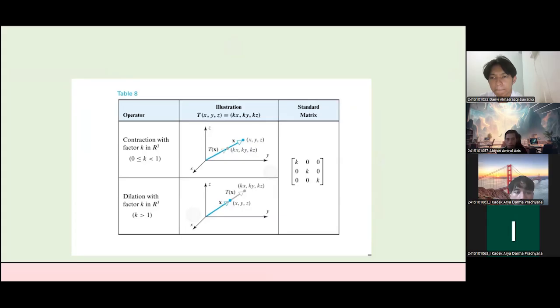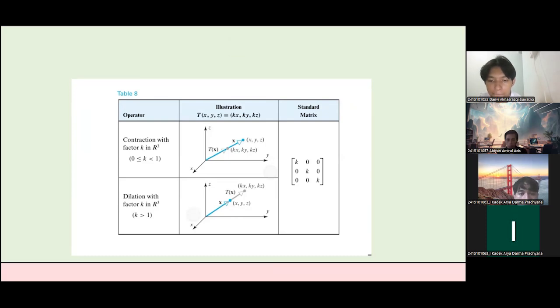Okay, Table 8. In this 3-dimensional space, we can see the operator construction with vector k in R3 when 0 less than or equal to k less than 1. This is also similar to the 2-dimensional vector.